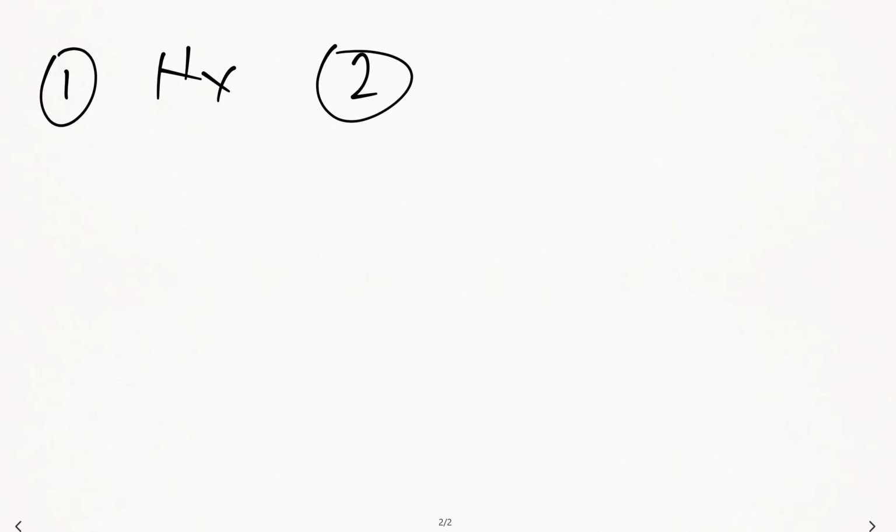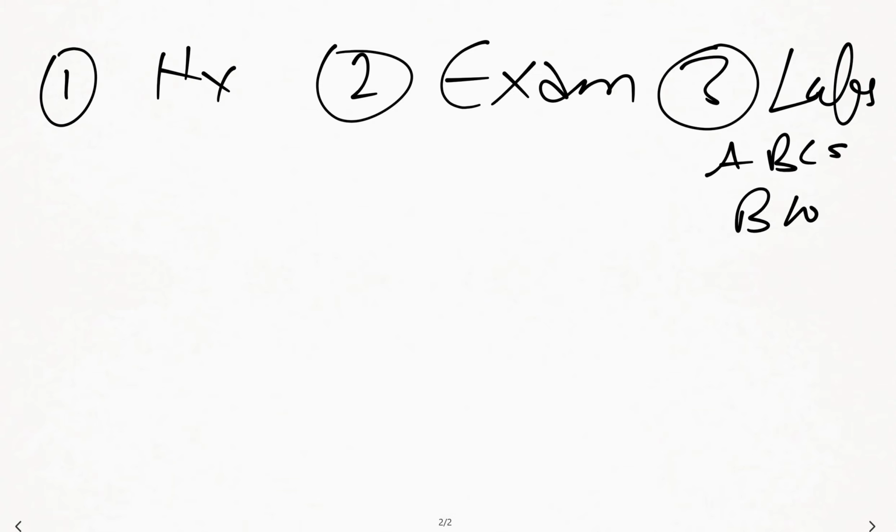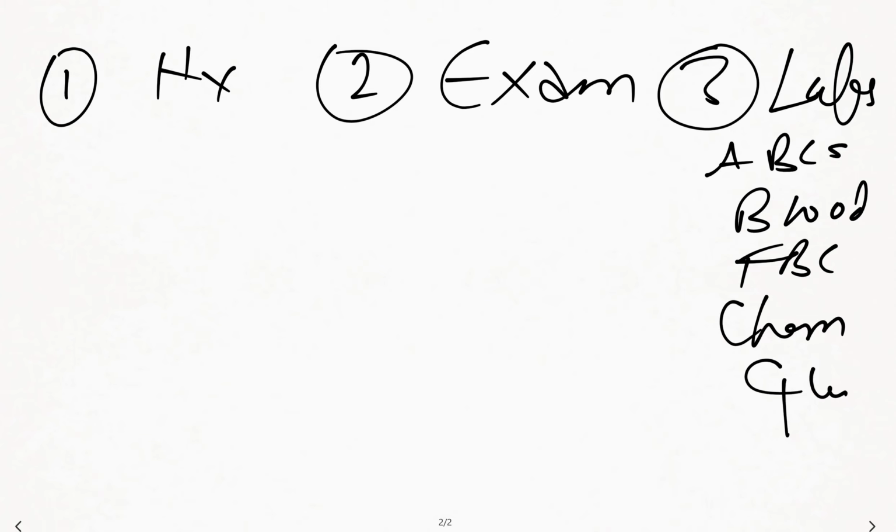Number two, you are going to make examination, physical examination. Number three, you are going to do labs. You are going to do ABGs, you are going to do bloods, which will contain the full blood count. You are going to do chemistry: urea, albumin, glucose, all these things should be done.